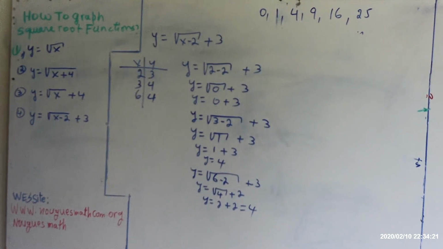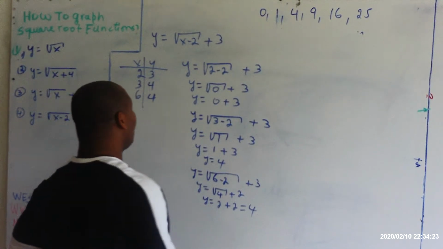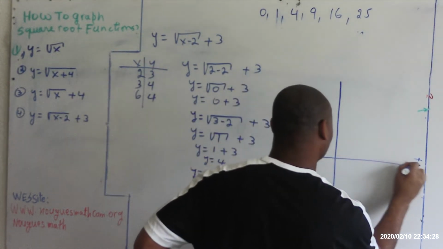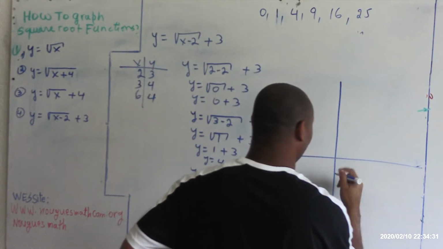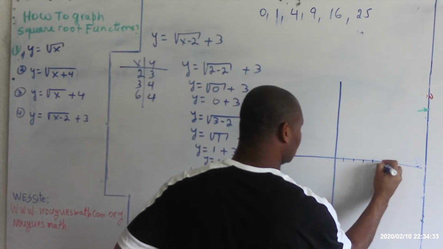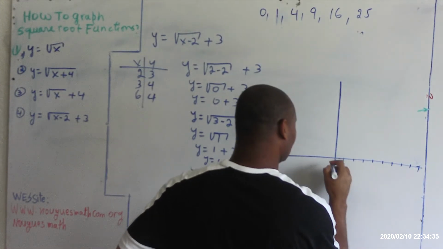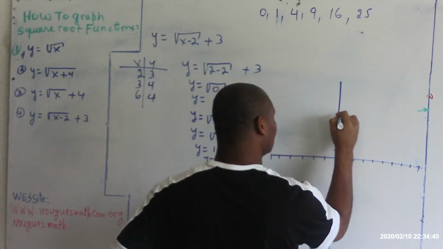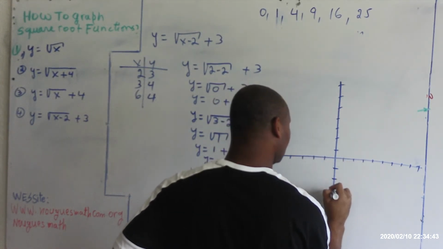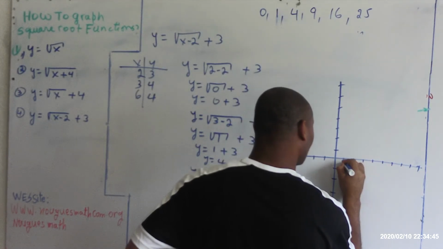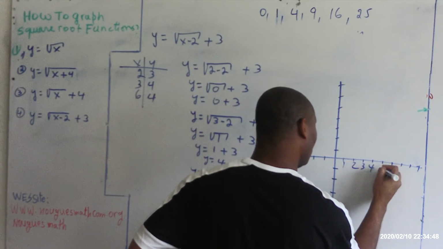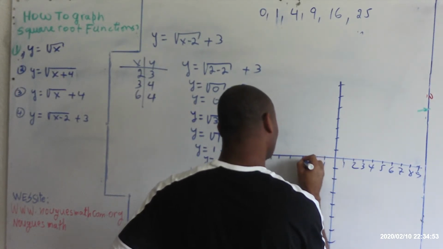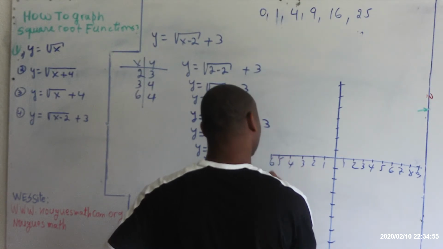We can graph with those 3 points. Okay, we don't need more. So, let's do it. 1, 2, 3, 4, 5, 6, 7, 8, 9. 1, 2, 3, 4, 5, 6.